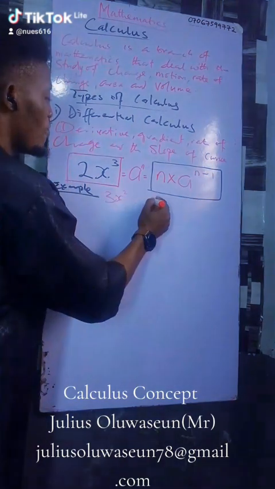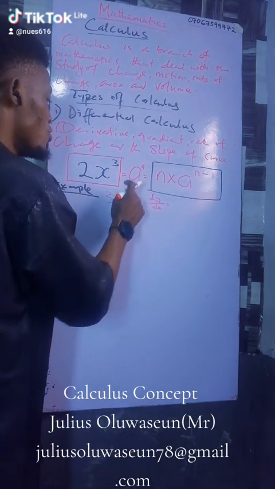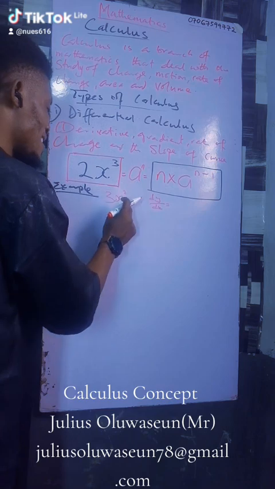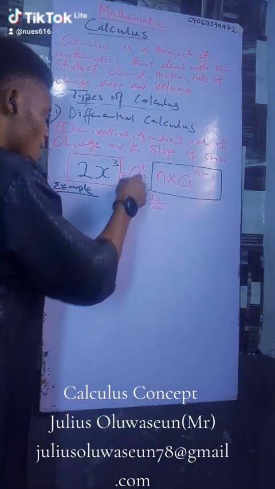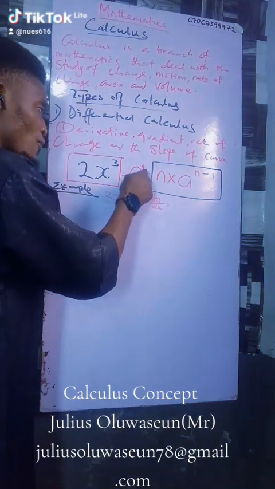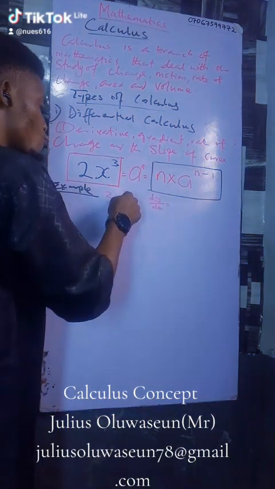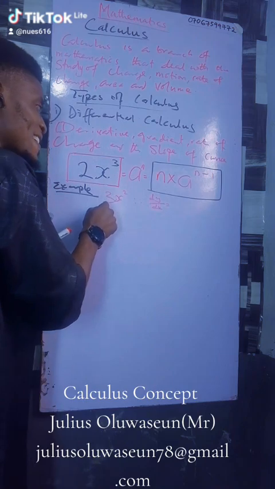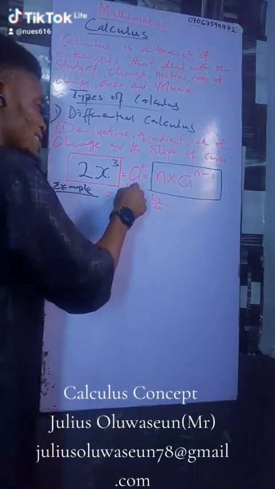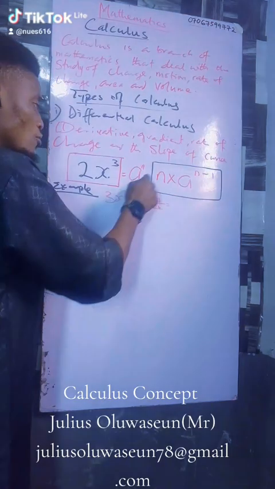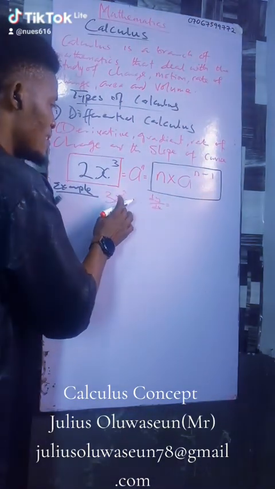Therefore dy dx is going to be: this 3x represents a, and this 2 represents n. You use the power, which is 2, to multiply this 3.